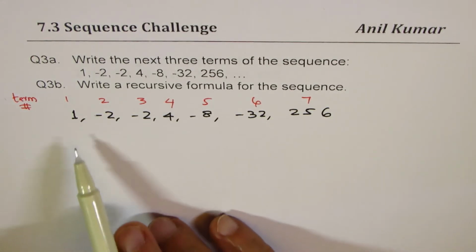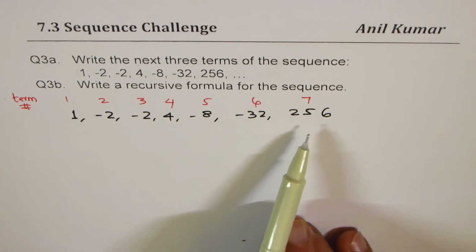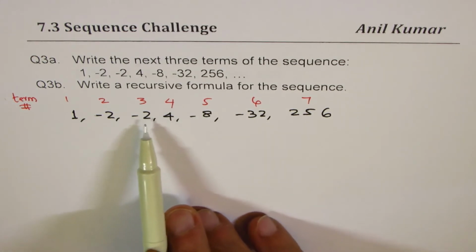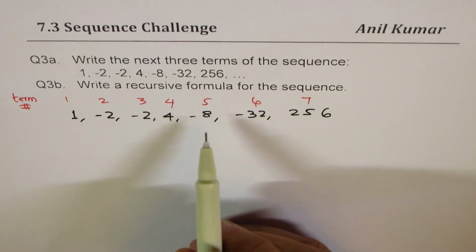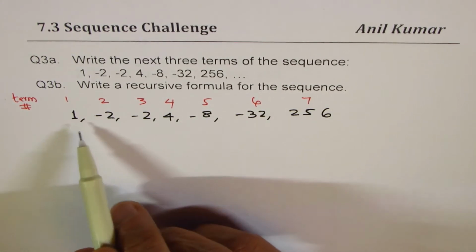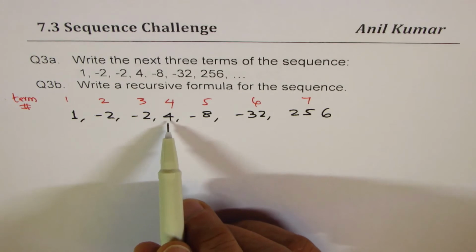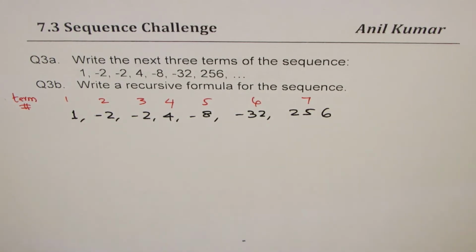As you can see, they are all powers of 2, and what you see is the sign is changing. But what you also notice is that the sign changes like 1 positive, 2 negatives, 1 positive, 2 negatives. That is the pattern. Recognize the pattern. This is very important. All are multiples of 2s, so they are related to 2 to the power of n.